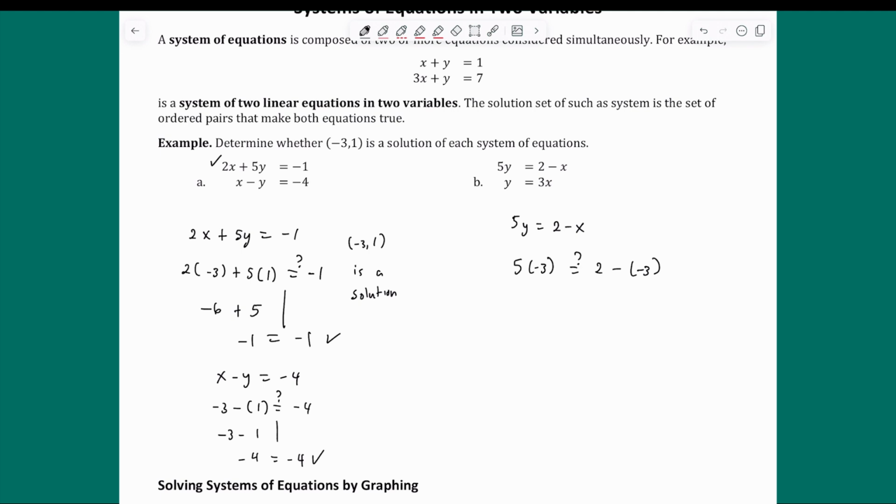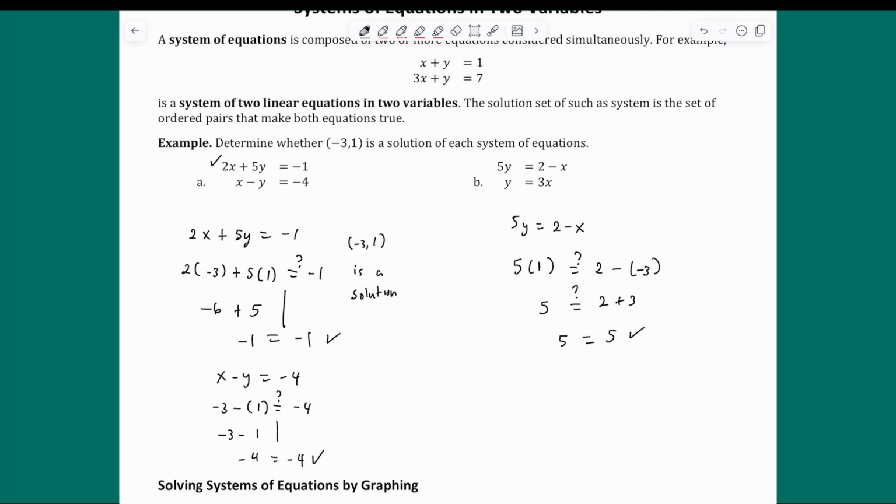And I messed up here because y is not negative 3. y is positive 1. So does 5 times 1 equal 2 minus negative 3? Well, 5 times 1 is 5. Does that equal 2 plus 3? And that indeed does equal 5. 5 equals 5.